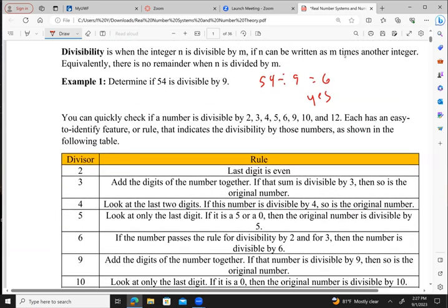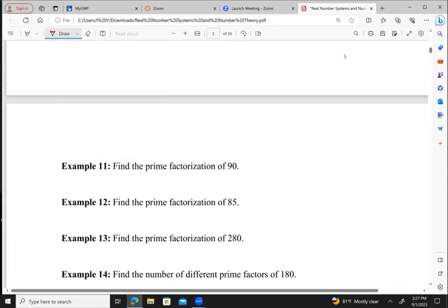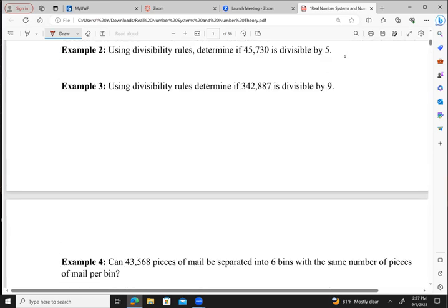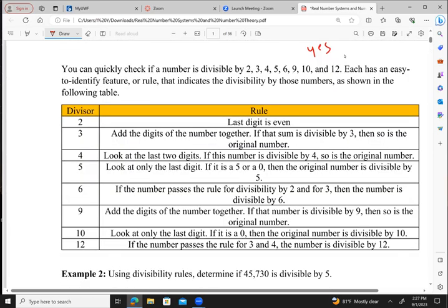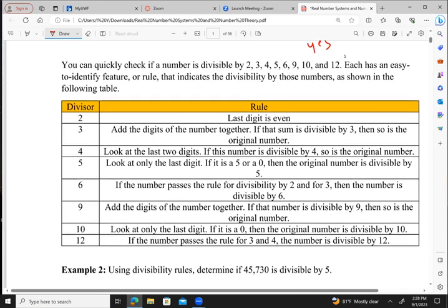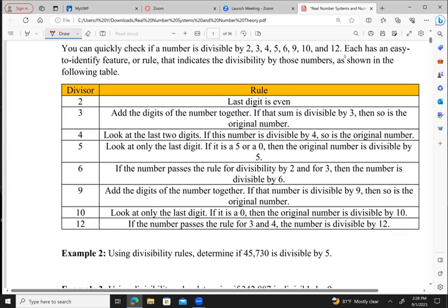So, there are some little tricks to determine divisibility, particularly for numbers divisible by 2, 3, 4, 5, 6, 9, 10, and 12. Each of them has an easy to identify feature or rule that indicates the divisibility by those numbers, and here is a table. A number is divisible by 2 if the last digit is even.